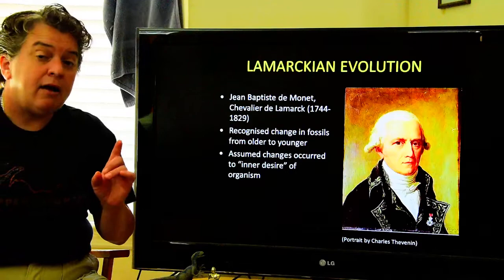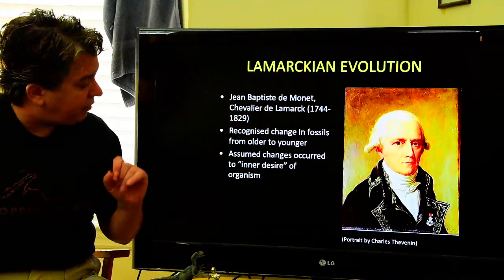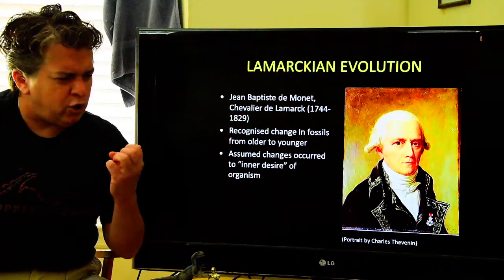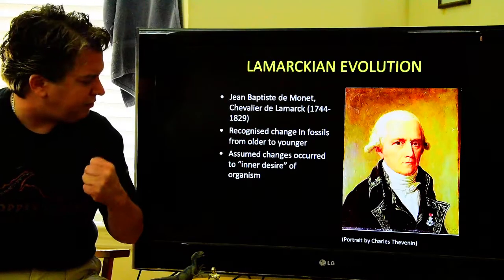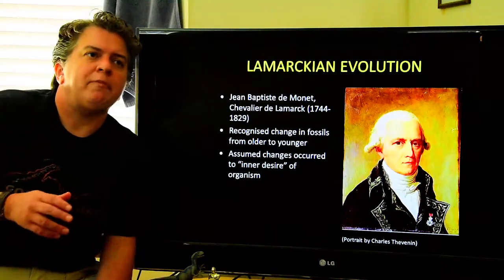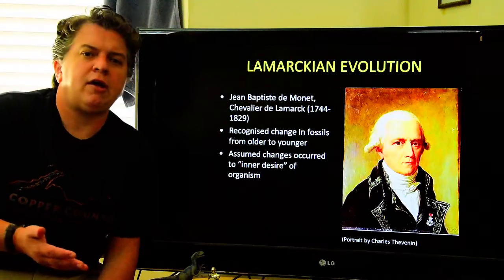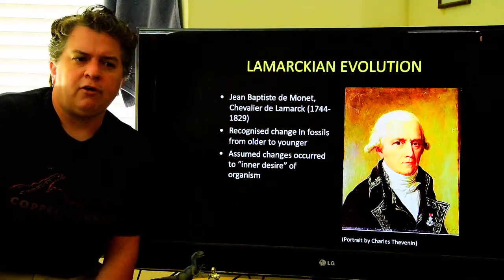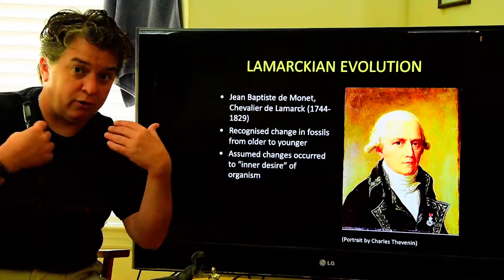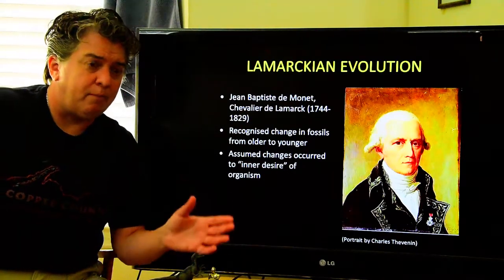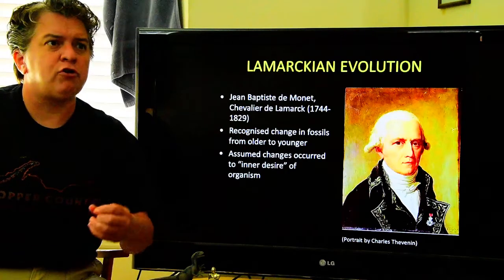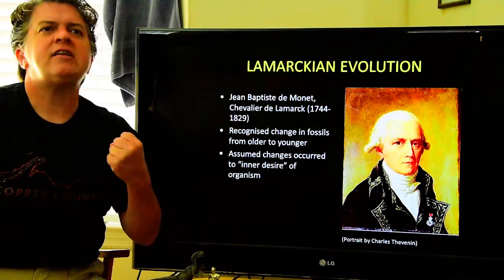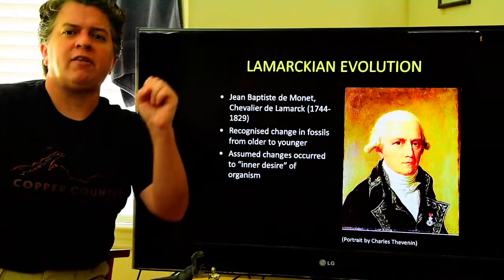He assumed that these changes occurred because of an inner desire in the organism to change in some way. One of the usual examples that are given are giraffes. Giraffes originally had shorter necks, but according to Lamarck, the giraffes had this desire to get longer necks to reach up into the tops of trees.